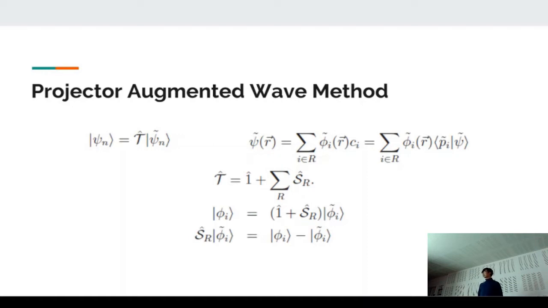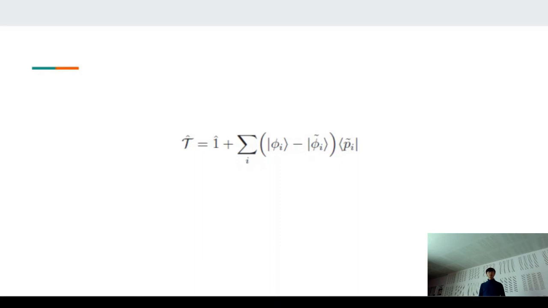If you take a pseudo partial wave and have T act on it, then rearrange the terms, we get SR. If we plug this back in here, we finally have an explicit form of the transformation operator.